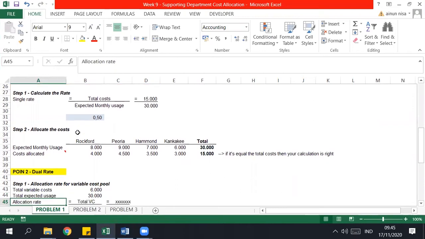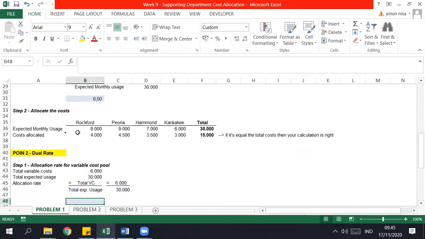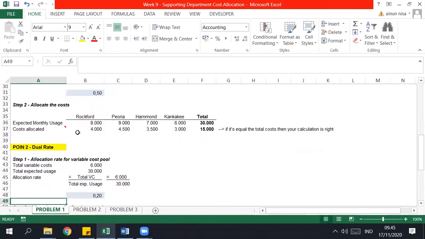To calculate the allocation rate, we just have to divide the total variable cost by the total expected usage. So it is 6,000 divided by 30,000, and the allocation rate is 0.2.